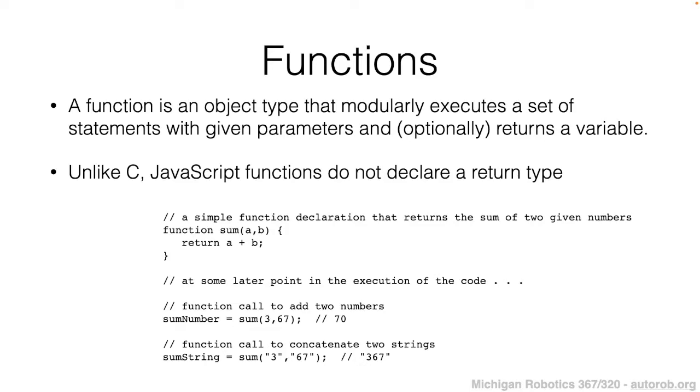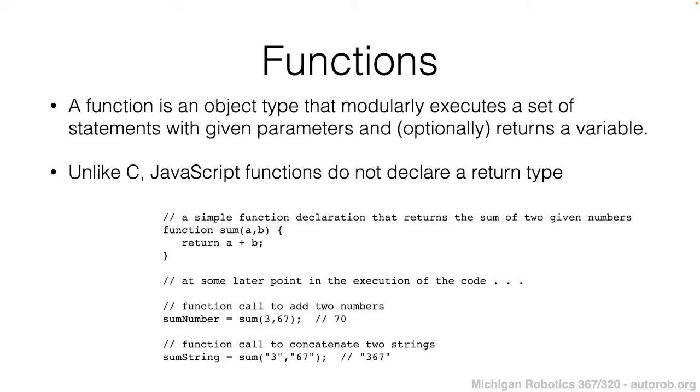Unlike C, JavaScript functions do not declare a return type. JavaScript, again, is a weakly typed language. For example, here we have this function sum of A and B that returns A plus B. We don't have to specify that this function would return a number, or that it would return a string. JavaScript will actually interpret that for us based on the input to the function.